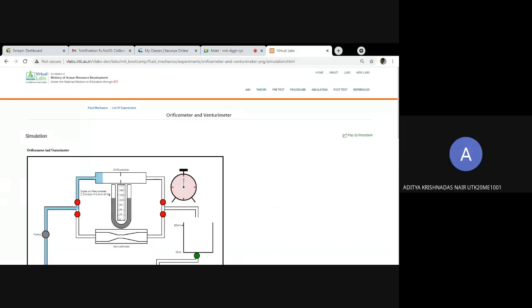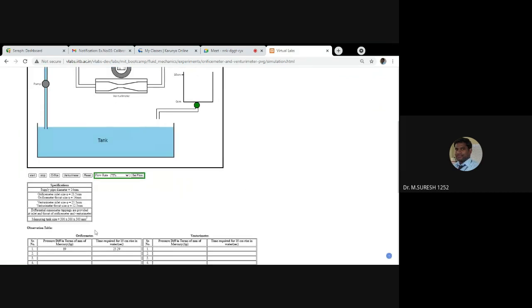So this also you can try through the virtual lab. Just take these two tabular columns and find out the 100% flow rate, 75% flow rate, 50% flow rate, and 25% flow rate, and what is the time required.